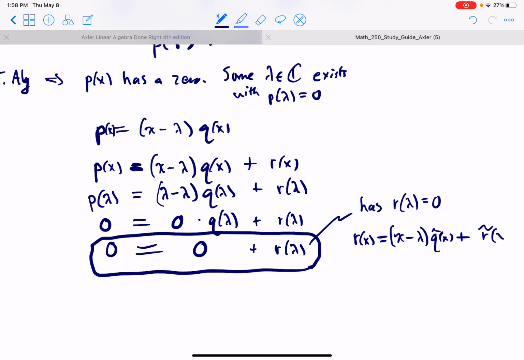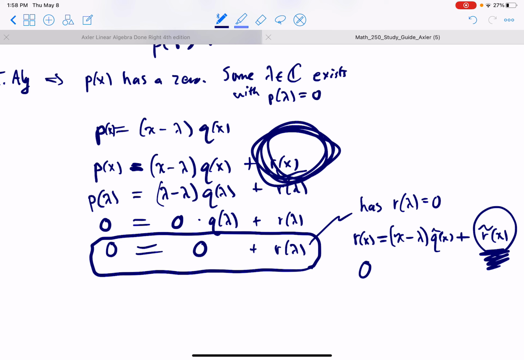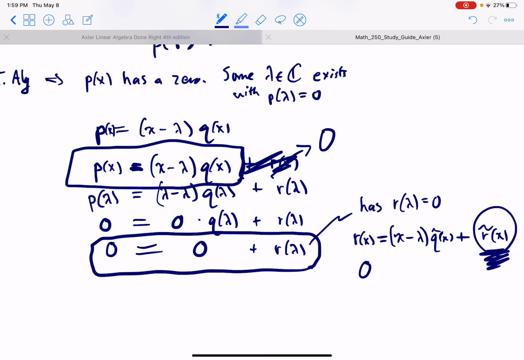Now we get even smaller degree, and you can't just keep doing this forever. So then we could show that this would have to be 0, and by induction on the degree, we get that this original remainder was actually 0 the whole time, which means that x minus lambda divides p if lambda is a root of the polynomial, okay?